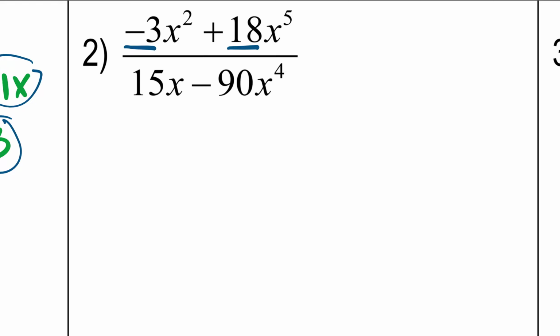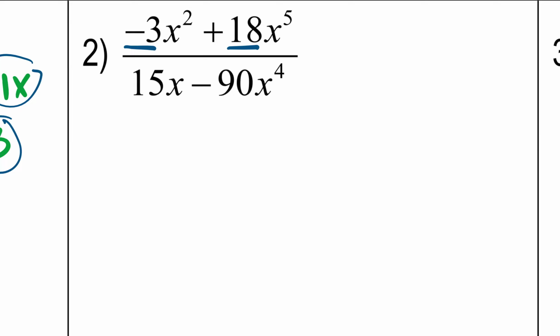My GCF is negative if my highest exponent is negative. Okay, so in this case, see how I have the 2 and the 5? My 5 is bigger, but that number is positive, which means my GCF will also be positive. On the bottom, my bigger exponent is 4, which is negative. That means my GCF will be negative. So that's how you can tell if it's positive or negative.